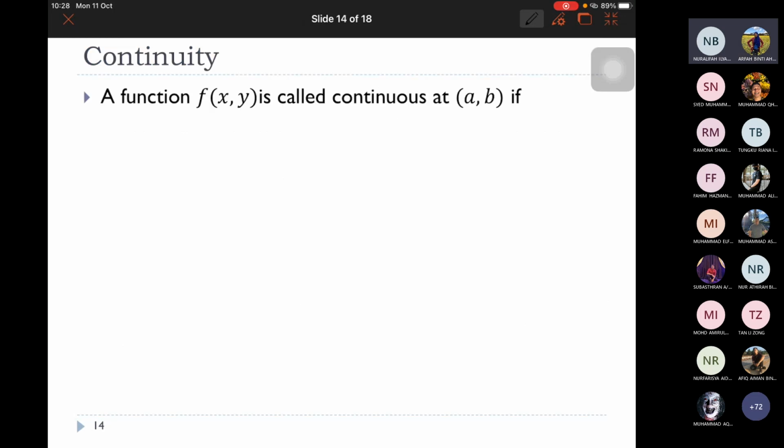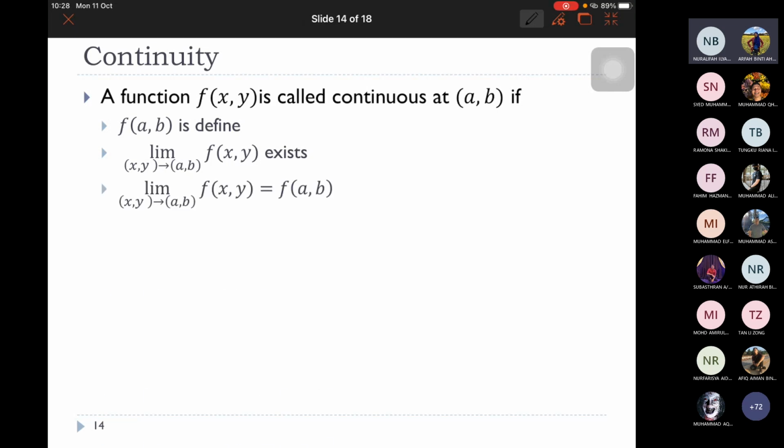A function f(x,y) is called continuous at (a,b) if the function is defined. Okay. If the function f(x,y) is defined, and the limit of the function exists, then the limit of the function menghasilkan nilai yang sama dengan nilai yang digantikan.